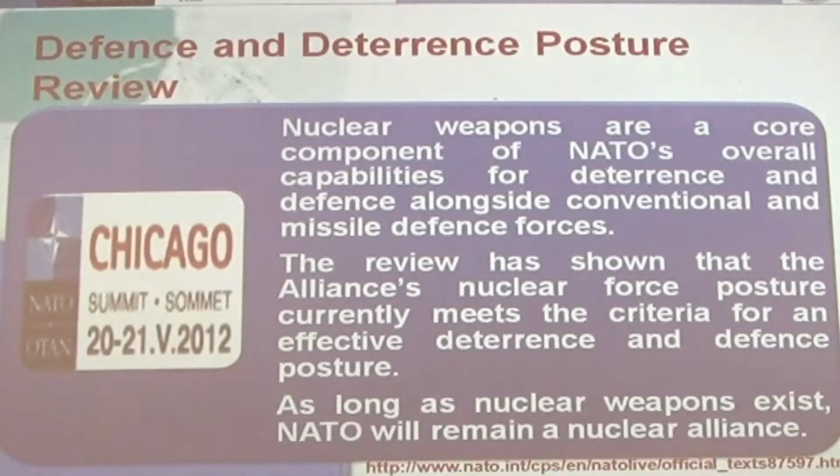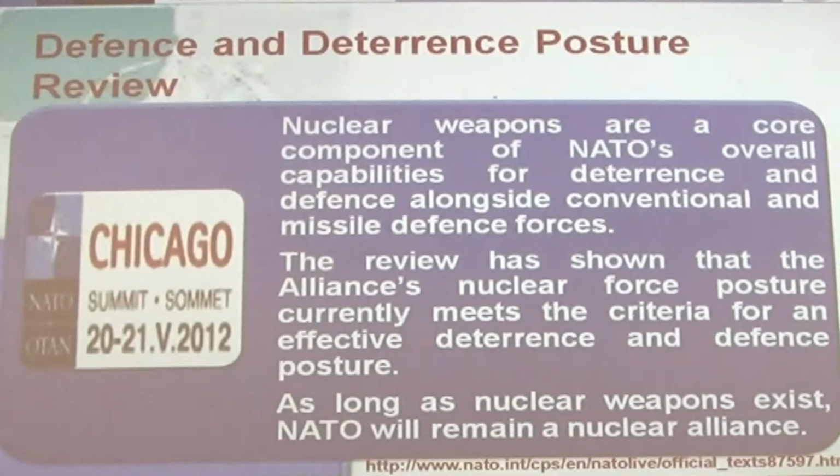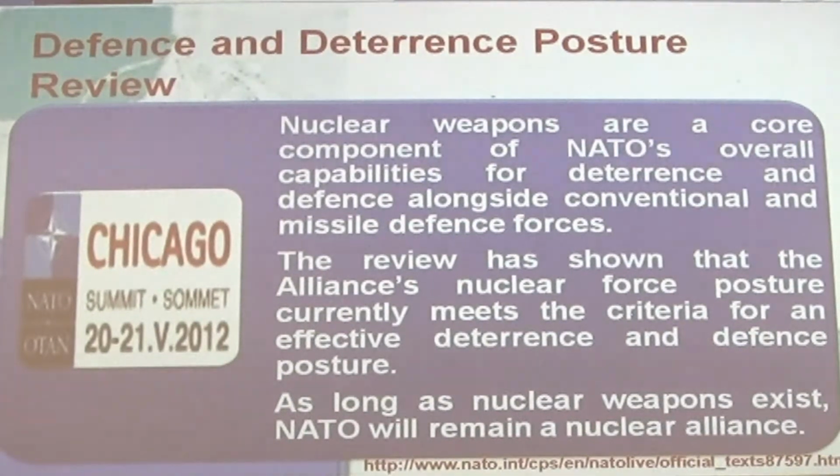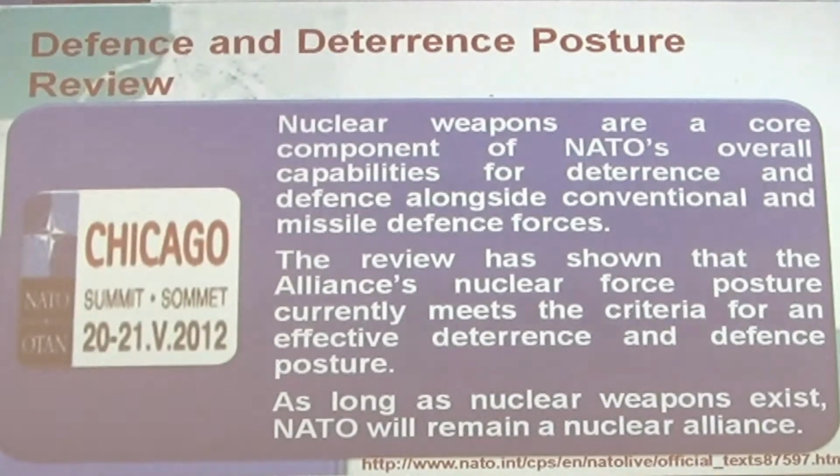The Chicago Summit this year, and I measure it this way because some summits are more important than others, highlighted one point which might be important for the discussion here as well.